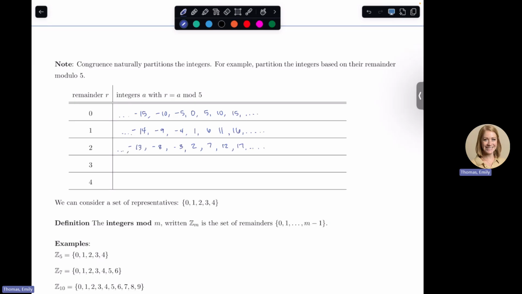What about a remainder of 3 mod 5? Negative 2, negative 7, negative 12. And a remainder of 4 mod 5.